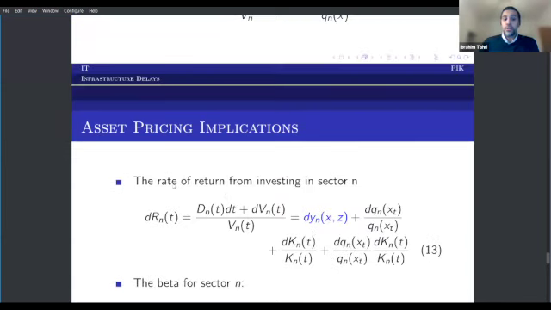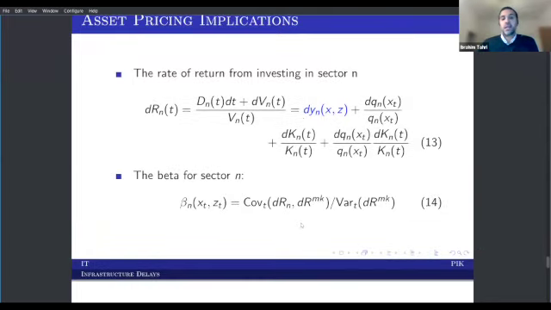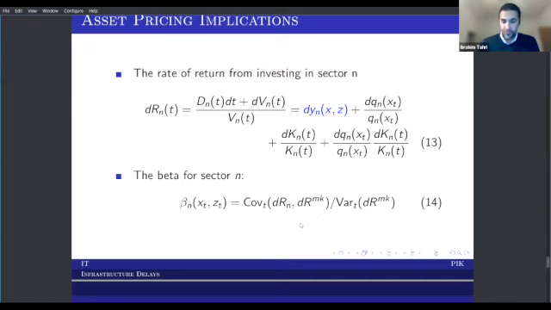So the rate of return from investing in the private sector, here in sector N, is also subject to these delays, which affects the beta of this sector, since the beta is the covariance of the sector's return with the market return over the variance of the market return.